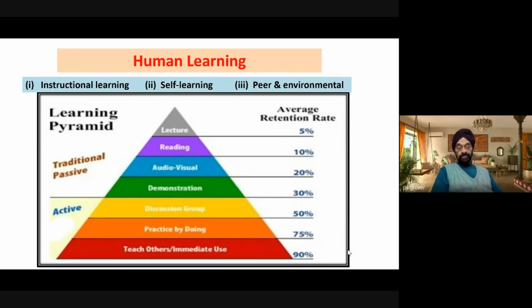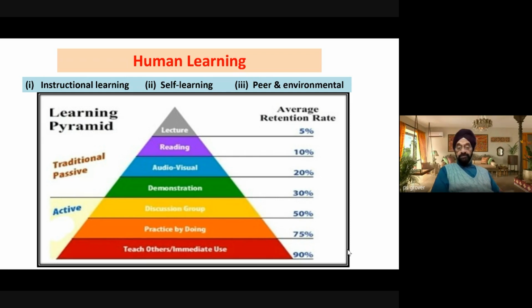Now, studies have been carried out showing that when a student is in a lecture, his retention rate is only 5%. This is the traditional method of teaching. It's a passive method. When he reads and studies himself, he retains around 10%. When he looks at pictures and videos, he retains about 20%.